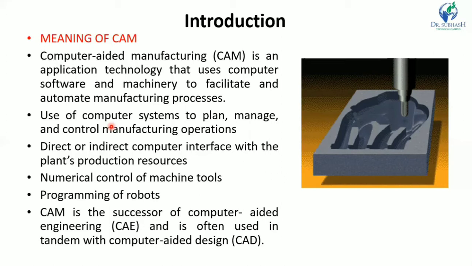So, once the model is generated in CAD and verified in CAE, that is computer-aided engineering, it can be input into the CAM software, which then controls the machine tool.